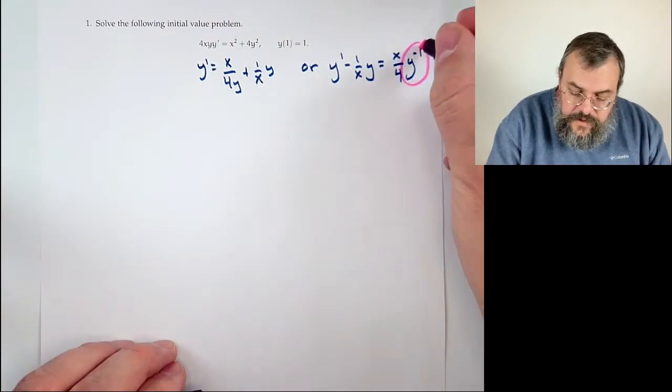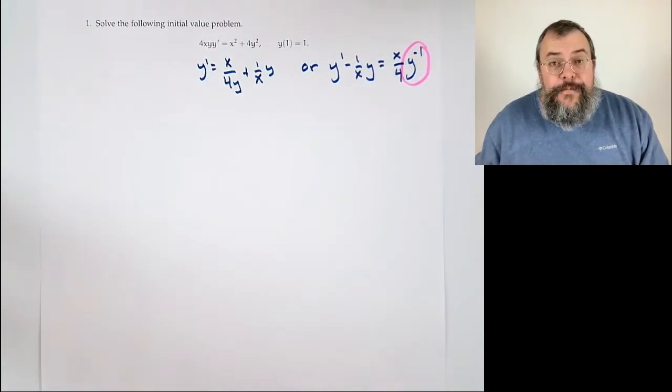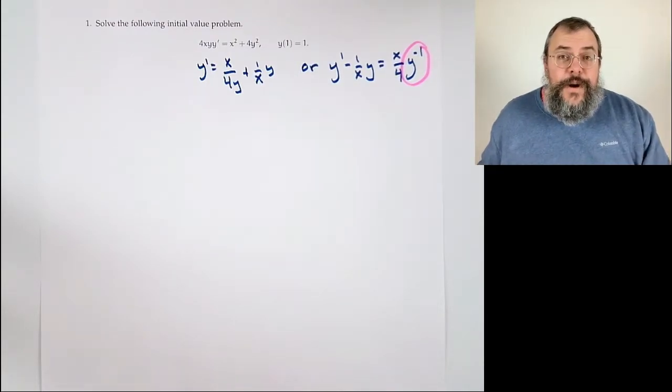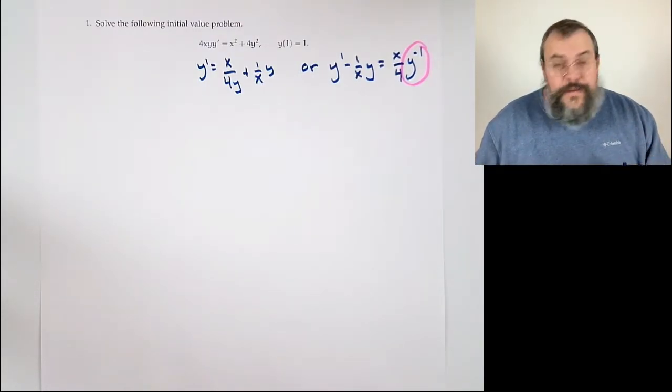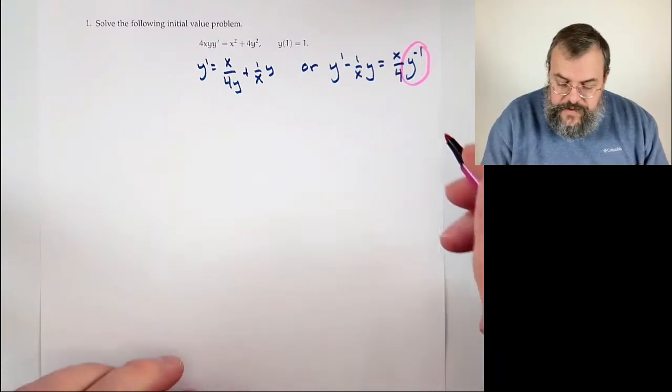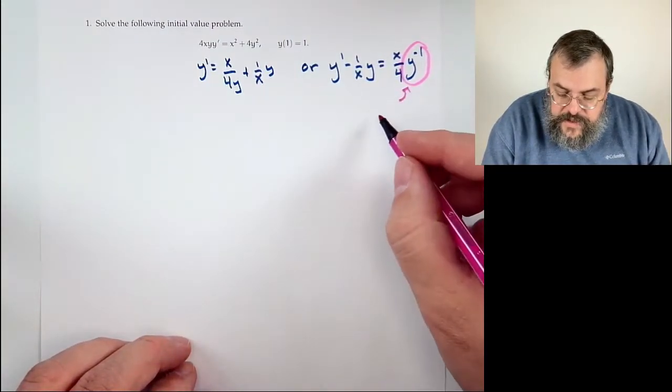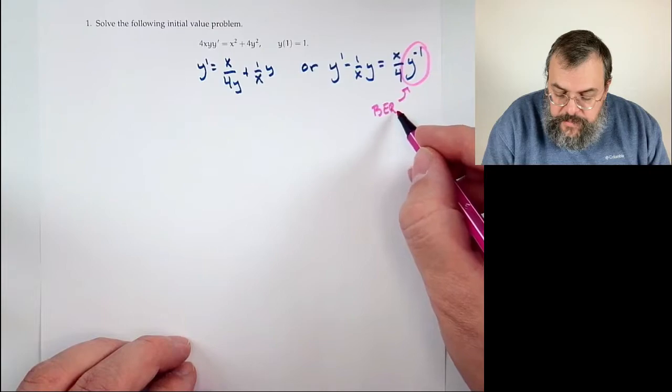Well, the good news is we know how to handle that. And this is what we have called Bernoulli. So this is going to be a Bernoulli differential equation. Now, of course, the trick is, what happens? Do we remember?